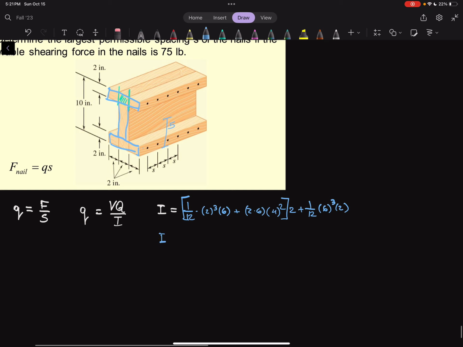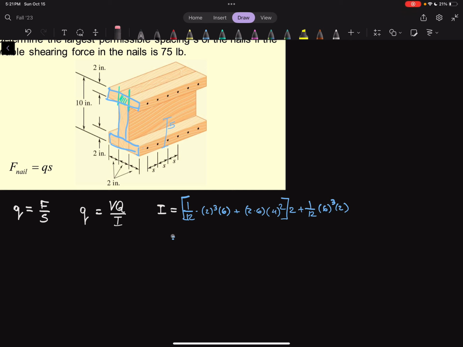And so I is going to be what? I is going to be 1 over 12. Let me put a parenthesis there. It's going to be 1 over 12 times 2 to the third times 6 plus 12 times 16 plus 1 over 12 times 6 to the third times 2. 232.